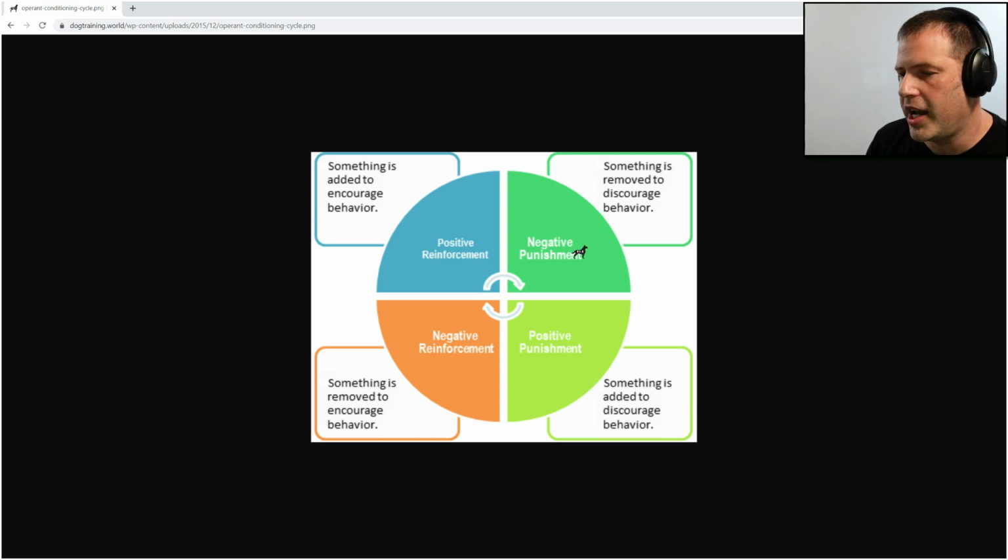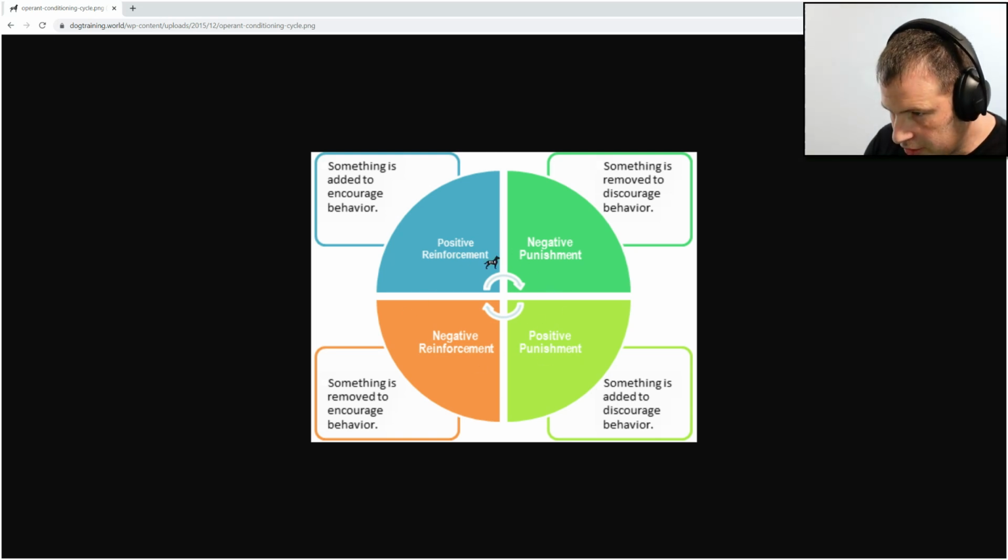The rewards go away, negative punishment. We add something to discourage the dog. We take away that thing to encourage the dog. And then we go right back to reinforcing the good behavior. It's a closed circuit. As long as you keep communicating to this dog, it goes. It's a circuit. It's a wheel. It just keeps rolling forward.